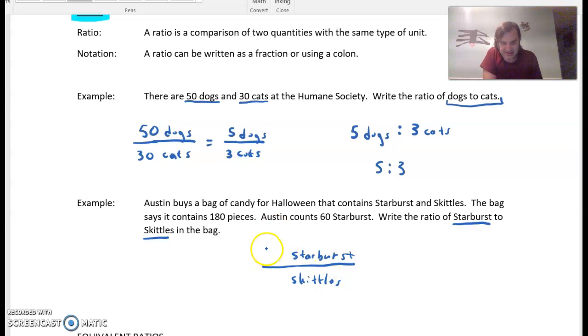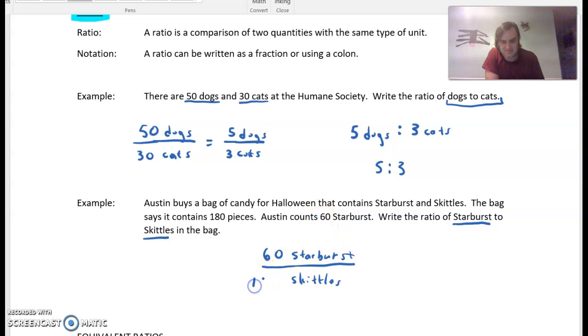So it tells us there's 60 Starburst, but if you read carefully, and that's the key here, it seems very simple to compare two things, but read very carefully. It says the bag contains 180 pieces and 60 are Starburst. So it never explicitly says how many Skittles there are. But if you subtract those, you have 180 pieces, 60 of them are Starburst.